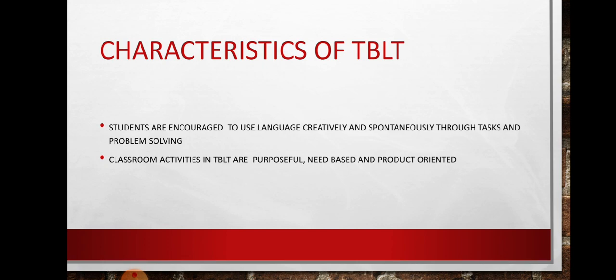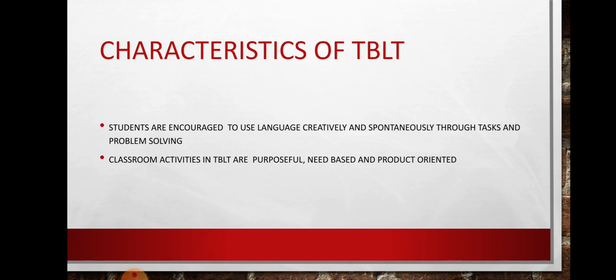Here we have to know the characteristics of TBLT. First of all, students are encouraged to use the English language creatively and spontaneously through tasks and problem solving. And classroom activities in TBLT are purposeful, need-based and product-oriented. So you can understand that in the basic procedure of TBLT, you have to encourage your students so that they can be very creative and spontaneous.